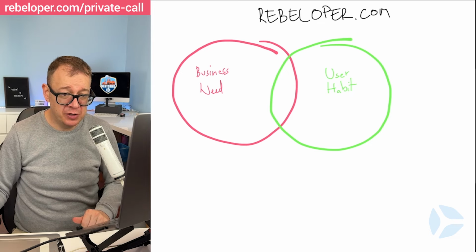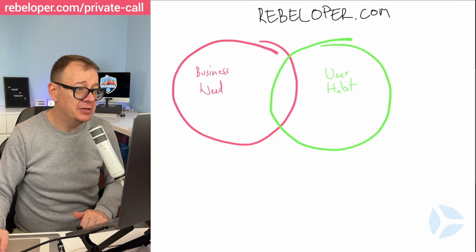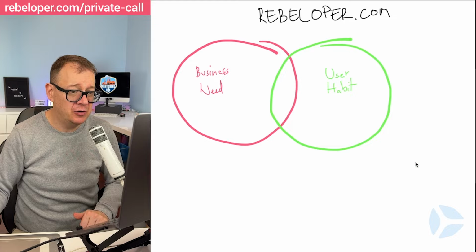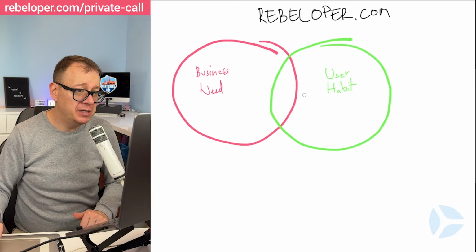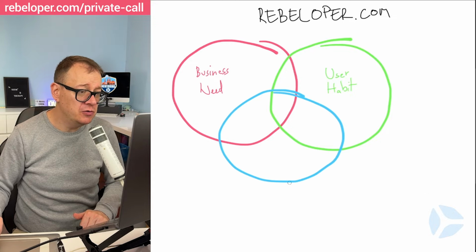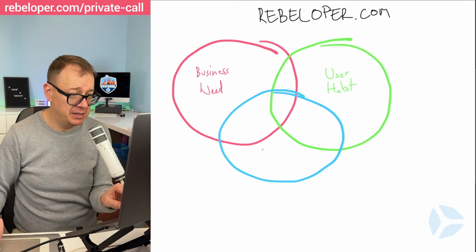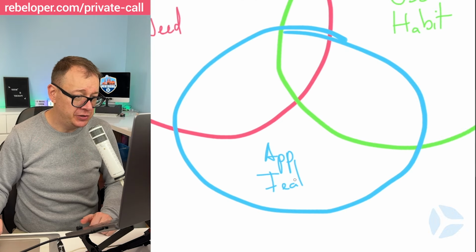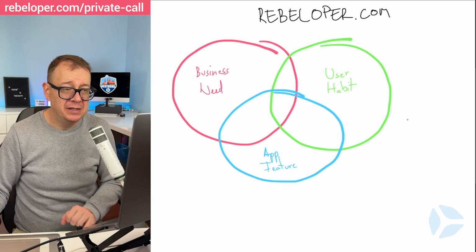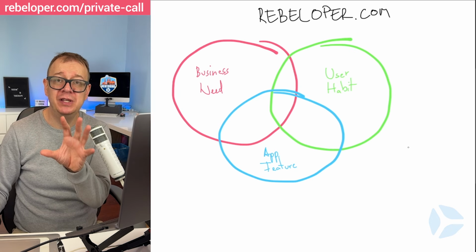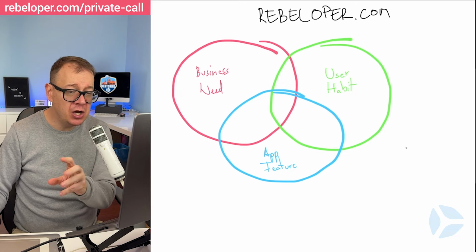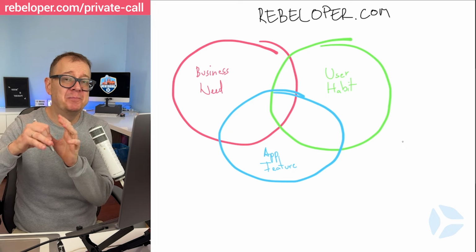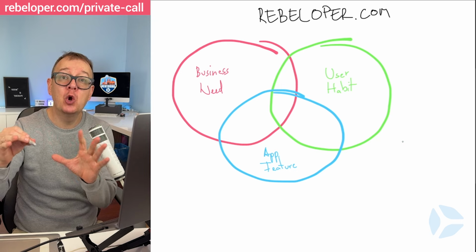Finally, because we are talking about an app, let me just select another color over here. We are going to need also the app feature. So let me just write it out. The app feature. This is where most developers get it wrong because they kind of know, okay, this is what I do, this is what I know, and let's just put this feature in because it's super cool.